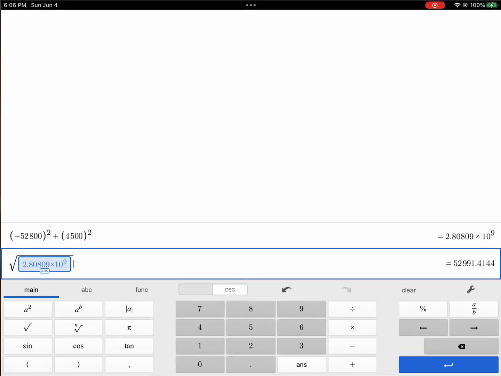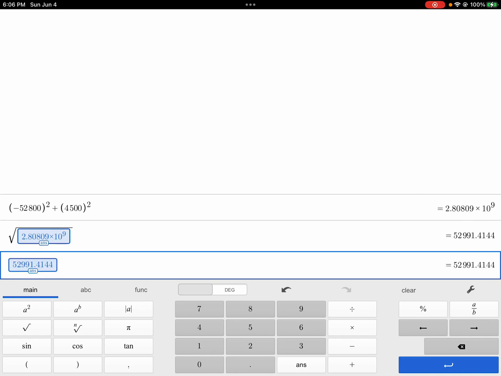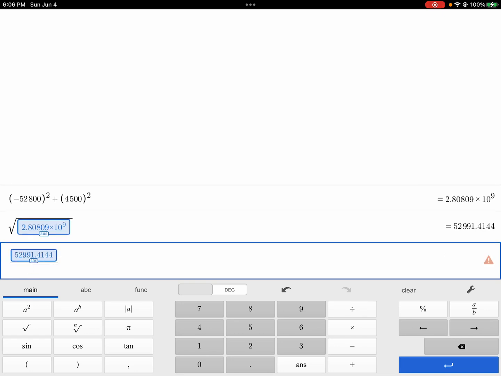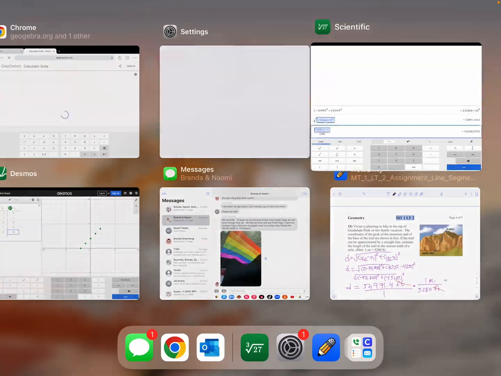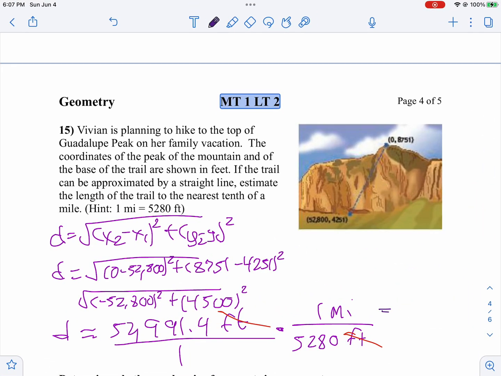So go back to my calculator. I don't have to type that whole thing in. I'm going to take my answer and I'm going to divide it by 5,280. Now, I do believe they told us what to round it to in this question. It says round to the nearest tenth of a mile.